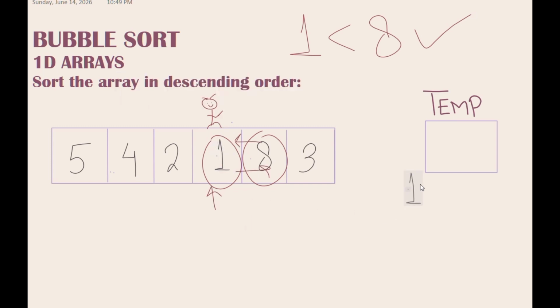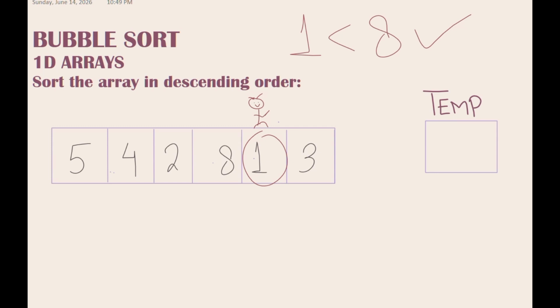Now let's check the other set of values. This man is standing on 1 and we'll check if this 1 is less than the next value, 8. Is 1 less than 8? The condition is true. So now we have to perform swapping on our array. In order to swap this, I will first take 1 and store it into the temporary box so that the space is empty for 8 to occupy.